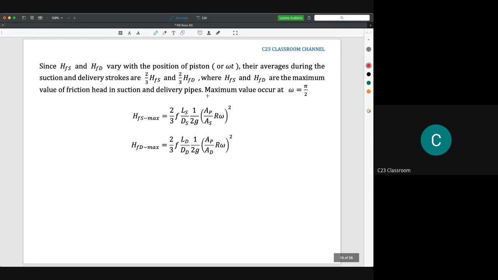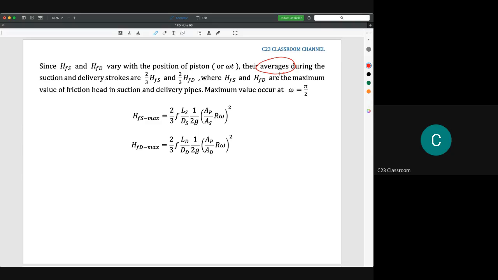This might make our calculation a little bit difficult. So we assume that it is okay for us if the question is not asking at what location of your calculation, meaning it is not mentioned whether it is at the beginning or at the middle or at the end of the suction or the delivery process. It is okay for you to use the average friction.